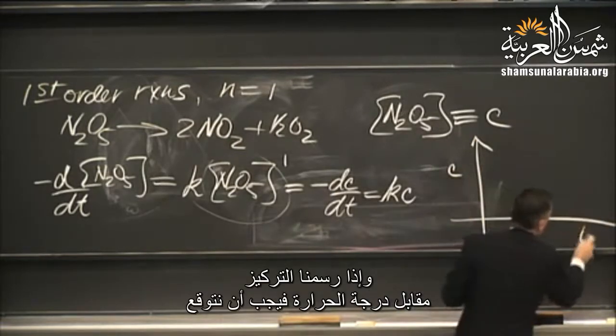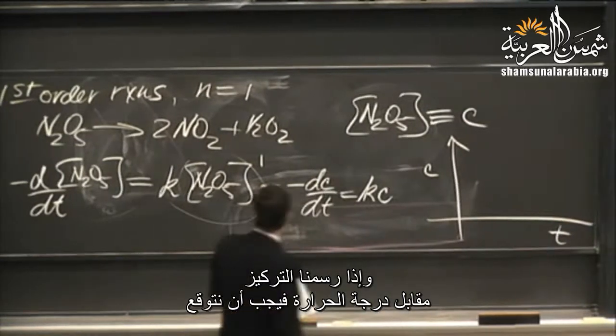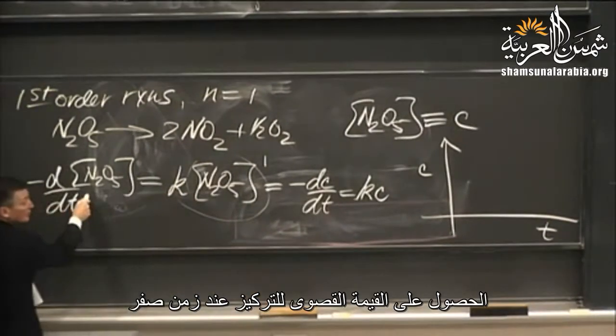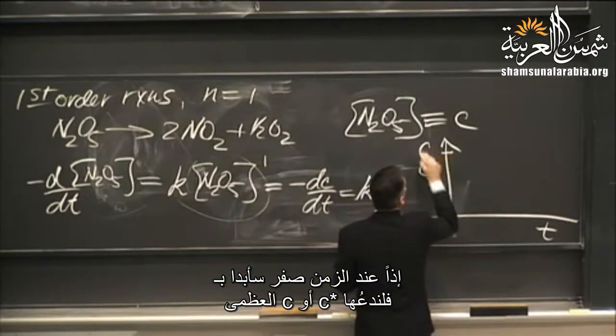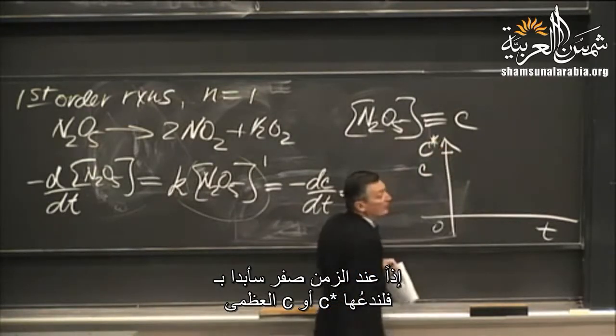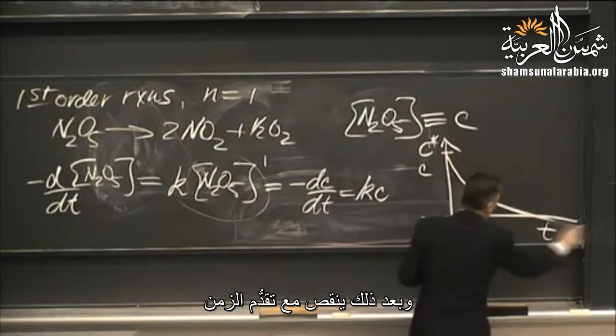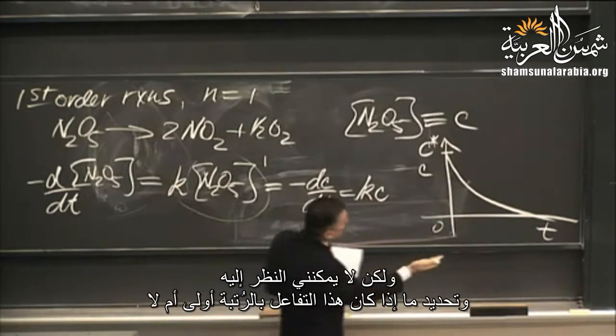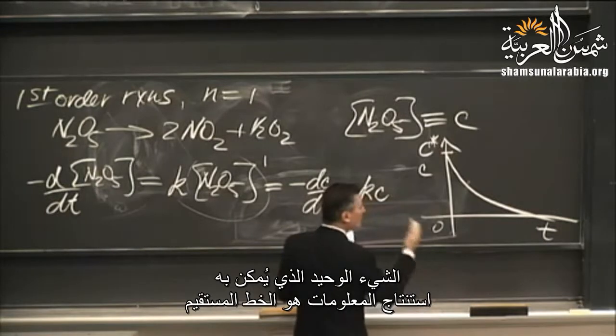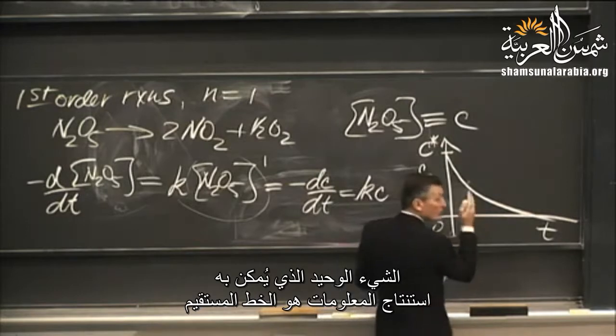If we plot concentration versus time, we expect to have the maximum value of this at time 0. So at time 0, I start off with, if you want, C star or C max. And you know this thing attenuates. But I can't look at that and decide whether it's first order or not. The only thing the eye can really tell is a straight line.